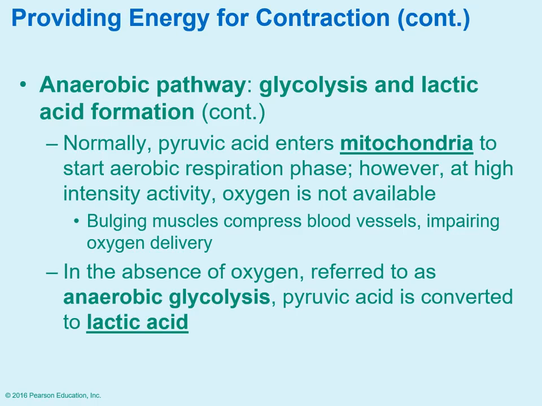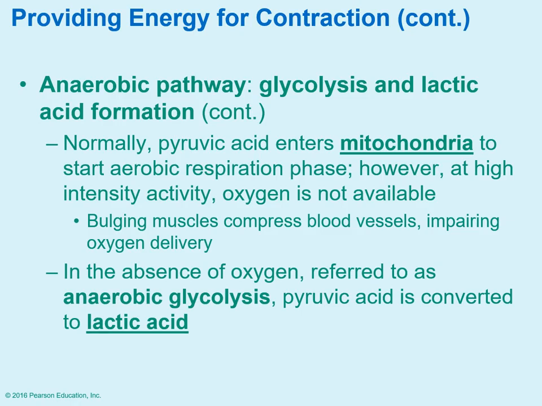So when oxygen is not present, glucose is broken down to pyruvic acid no matter what. That pyruvic acid, when oxygen is not present, will then be broken down into lactic acid. That will still allow you to produce some ATP.